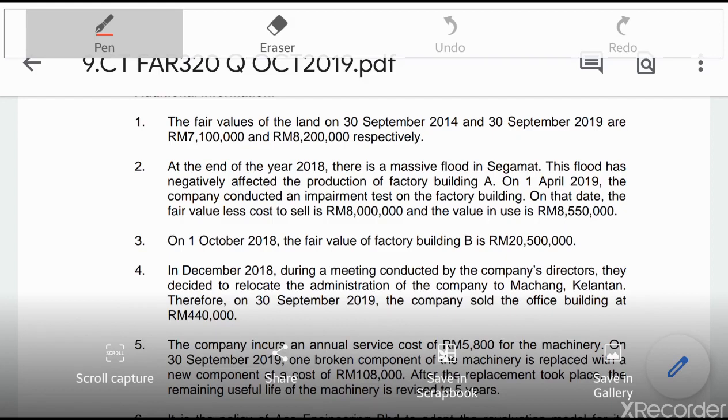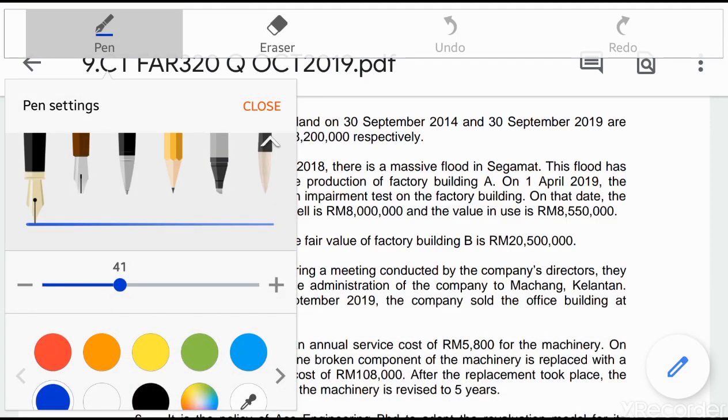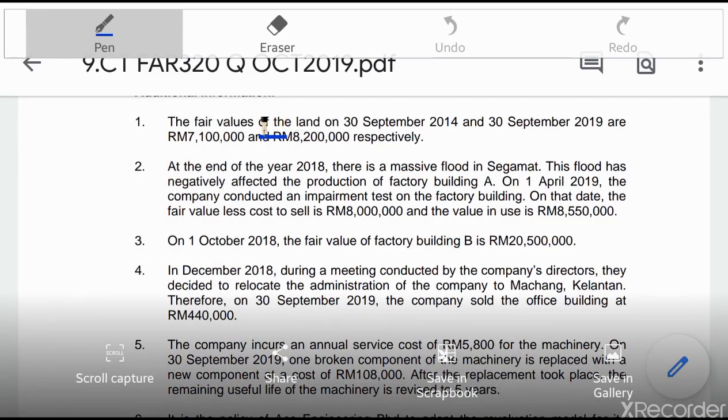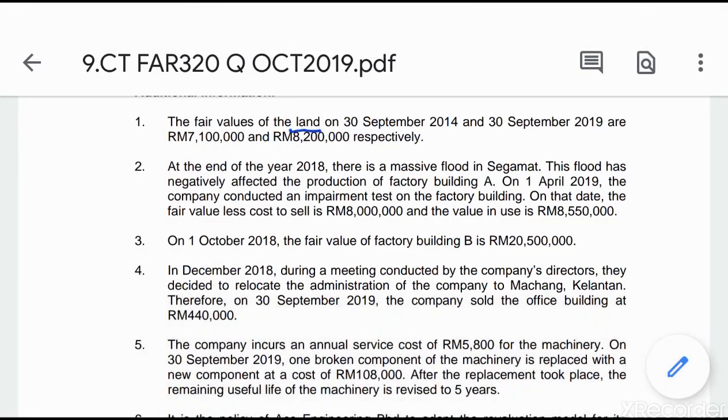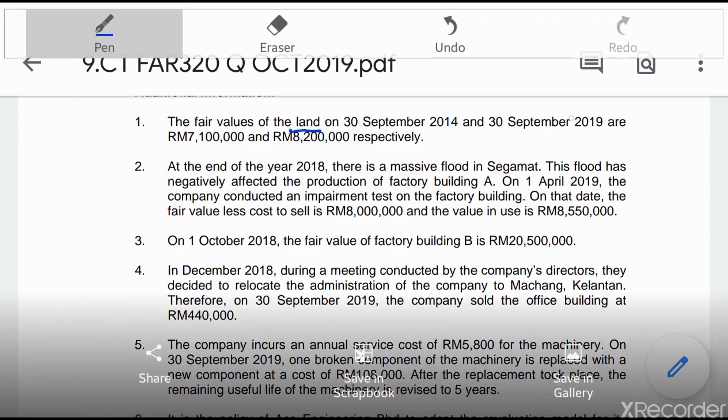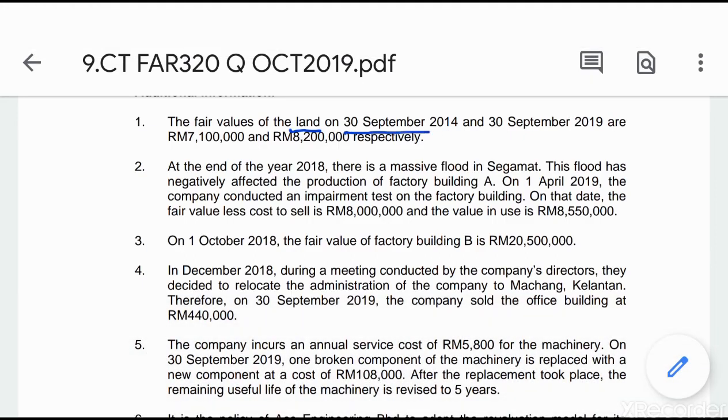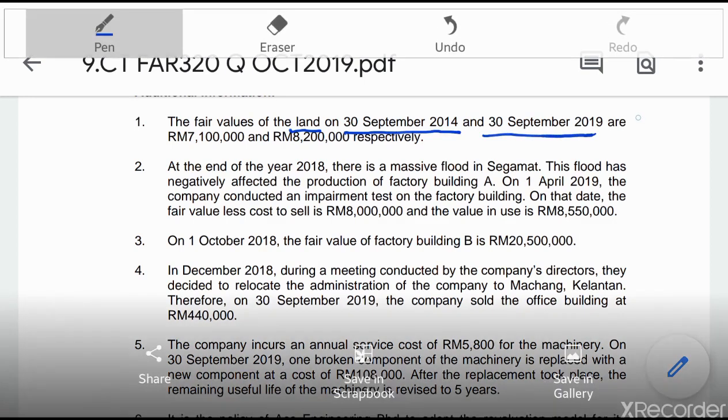Number one is information on the land. So I use a different pen to differentiate. It's about the land, and the land has a fair value on different dates, 30th of September 2014 and 30th of September 2019.